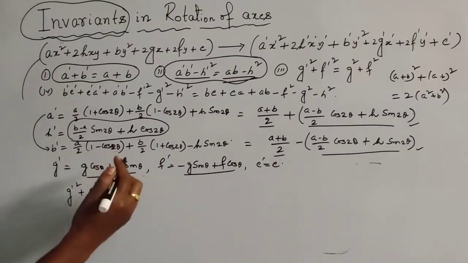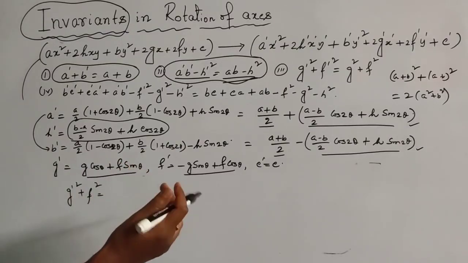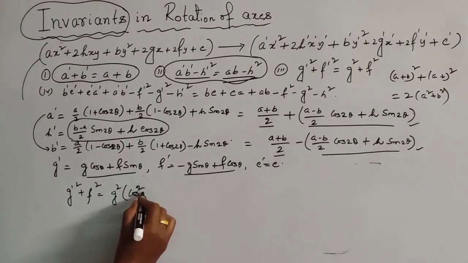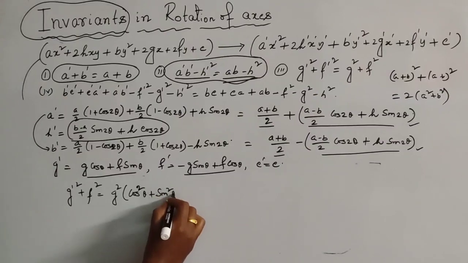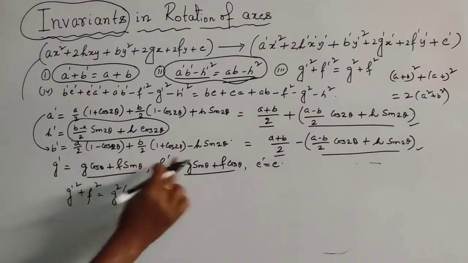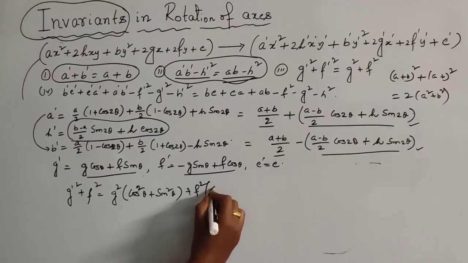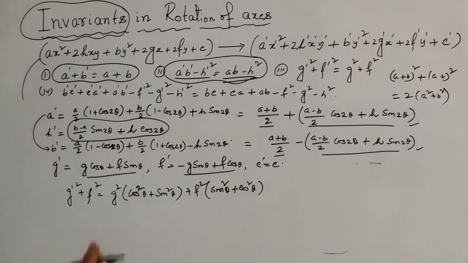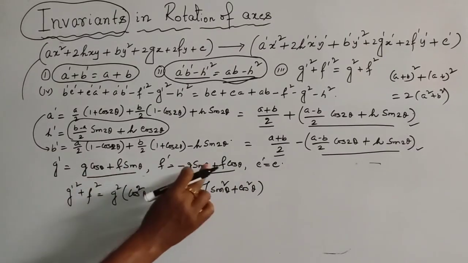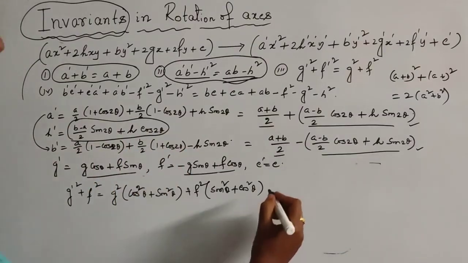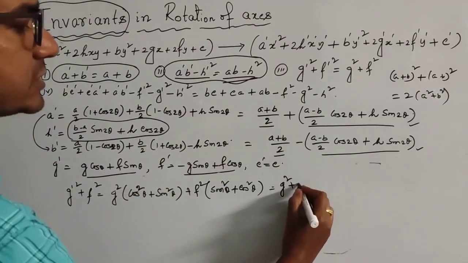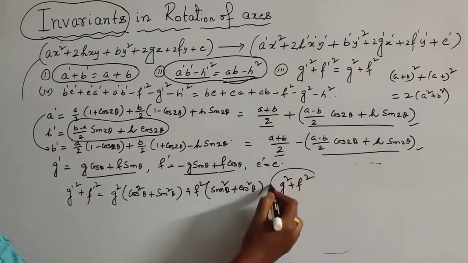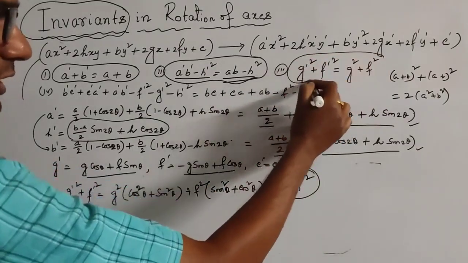Okay, so if we expand these two squares and sum them, then we get g square into (cos square theta plus sin square theta), and from the last term we get f square into (sin square theta plus cos square theta), and these two ab terms cancel out. Okay, so we get g square plus f square. So g dash square plus f dash square becomes g square plus f square. So this is also invariant.